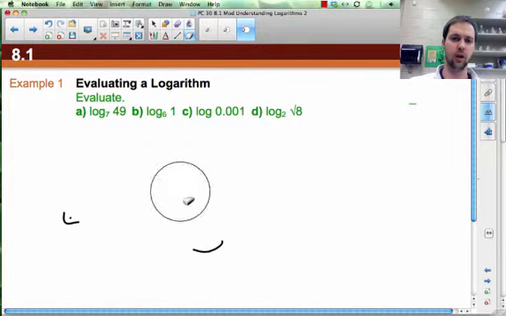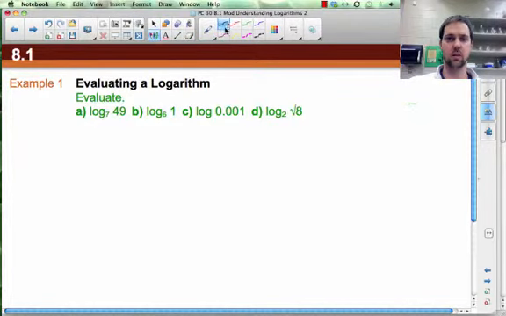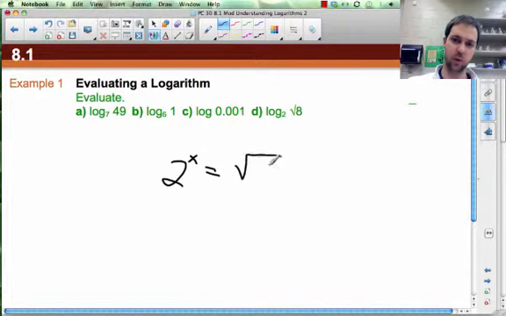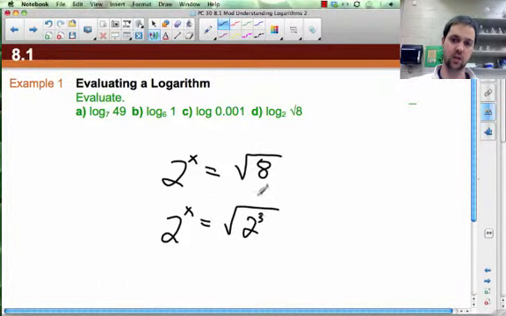Log base 2 of root 8. Now this is going to involve a change of base like we got used to in the last unit. So 2 to what power will give you the square root of 8? Let's try to write everything as base 2. 2 to the x equals the square root of 8, which can be written as 2 cubed.